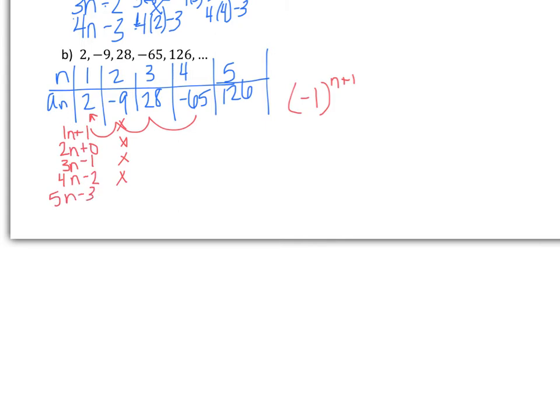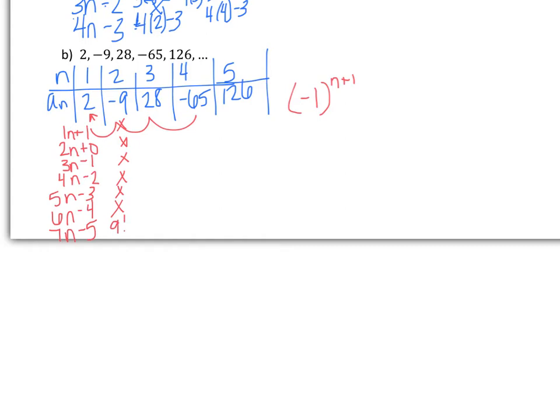So 5 times 2 is 10, minus 3 is 7, nope. 6 times n, I'm going to have to subtract 4. So 6 times 2 is 12, minus 4 is 8, not quite. 7n minus 5 would be 14 minus 5 is 9.